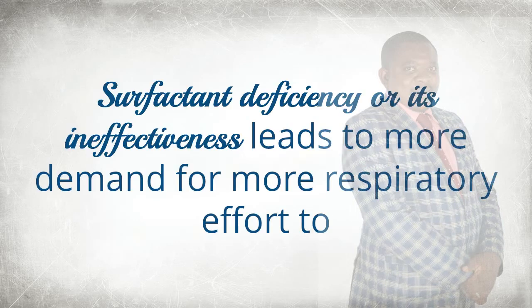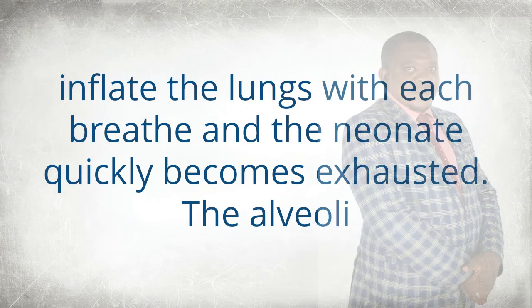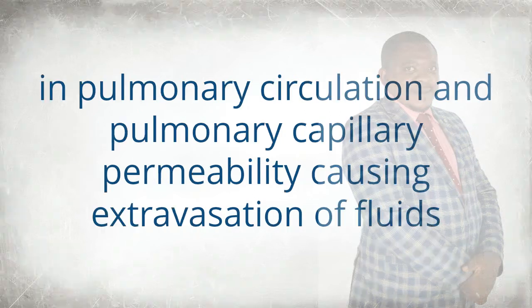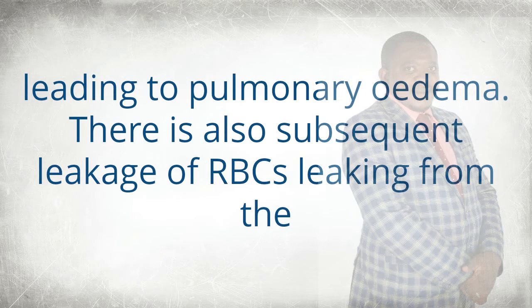Pathophysiology: surfactant deficiency or its ineffectiveness leads to more demand for respiratory effort to inflate the lungs with each breath, and the neonate quickly becomes exhausted. The alveoli collapse and hypoxemia results. The consequence of alveoli collapse is increased resistance in pulmonary circulation and pulmonary capillary permeability, causing extravasation of fluids leading to pulmonary edema.